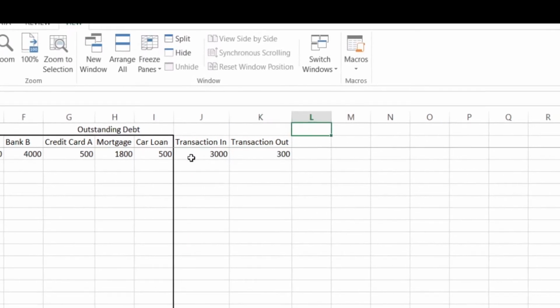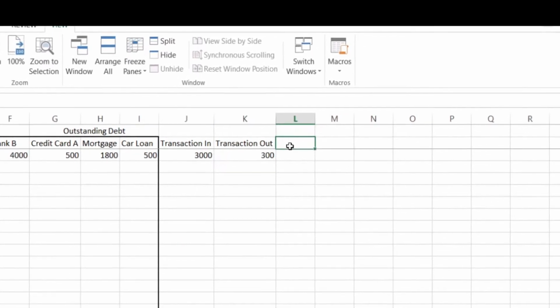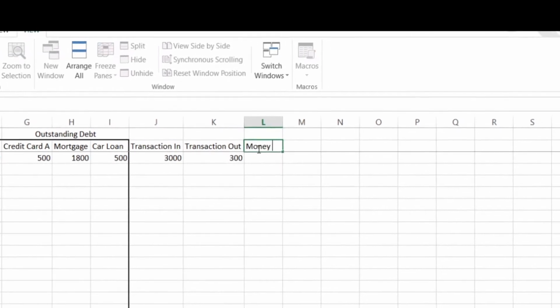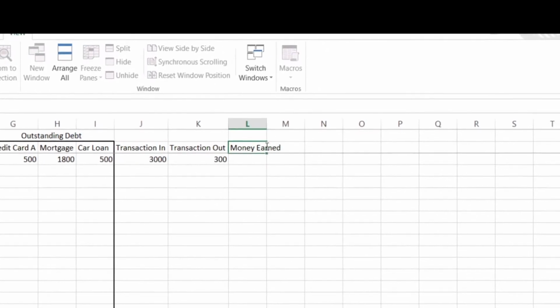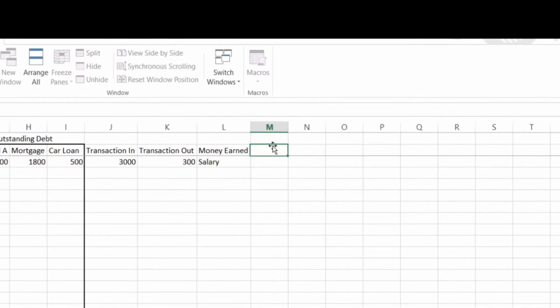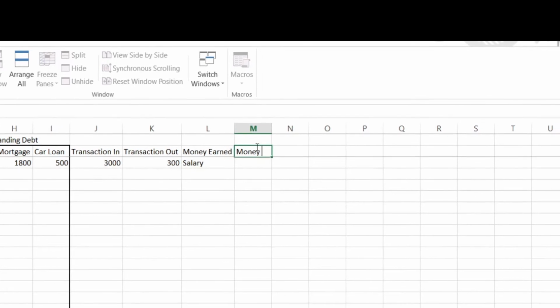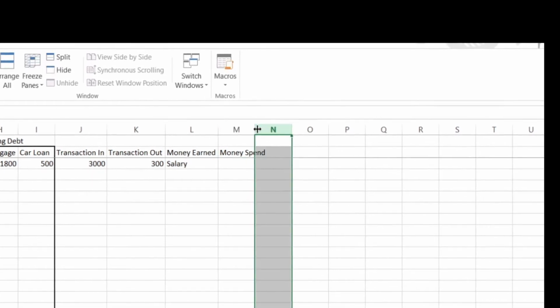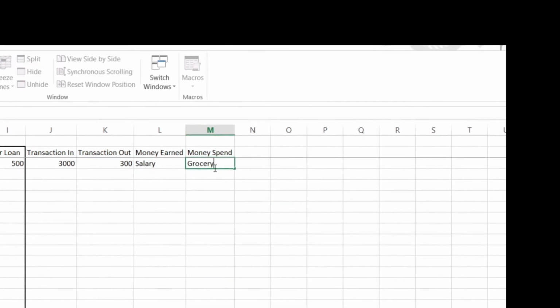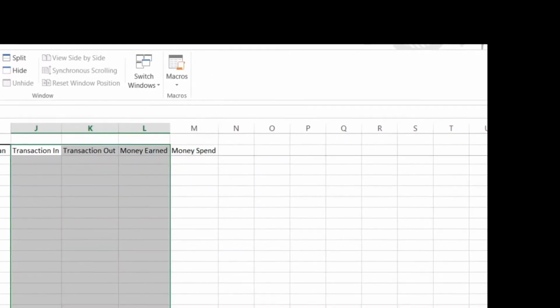So you want to know what is 3,000 and what is 300. This is your money earned, so you say money earned is from salary. Okay, money spent is from grocery. So that's done here.